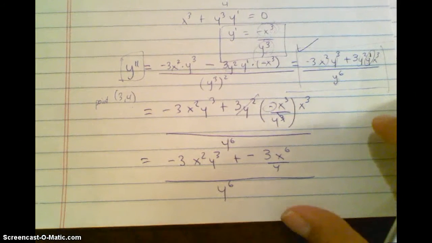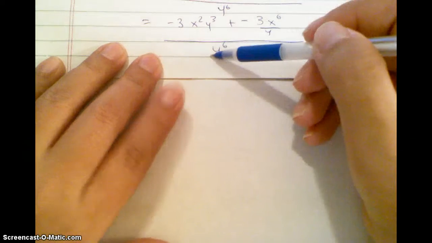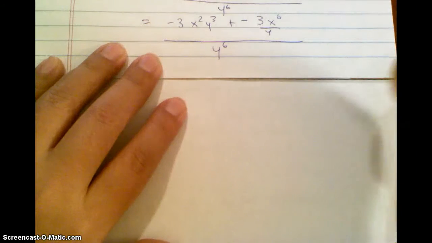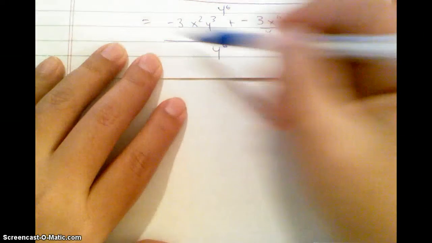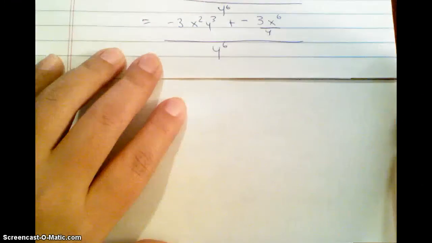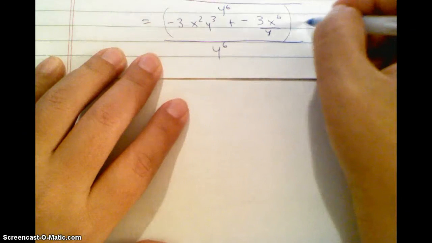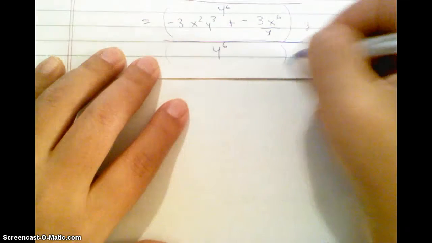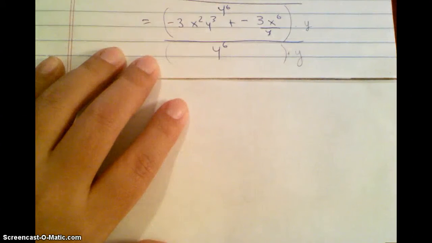Now I notice that I have a fraction here and a fraction here. So as I mentioned before, you are welcome to write this as 1 over y to the 6th power. However, if I multiply this fraction by y, top and bottom, the way I simplify it will be a lot easier.